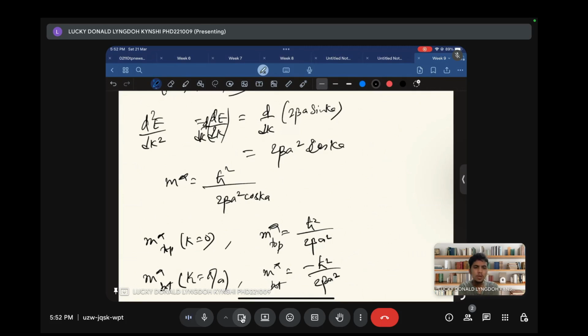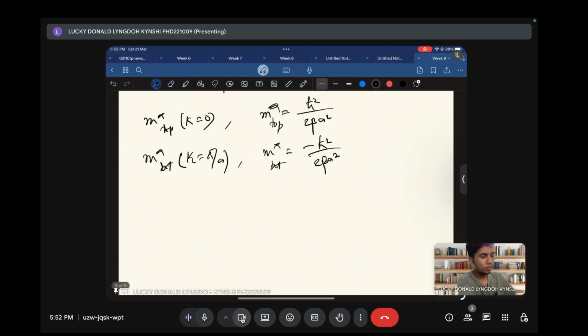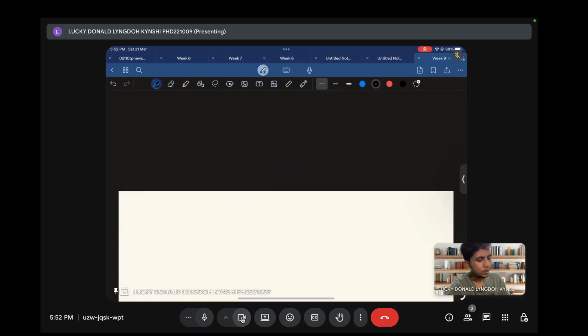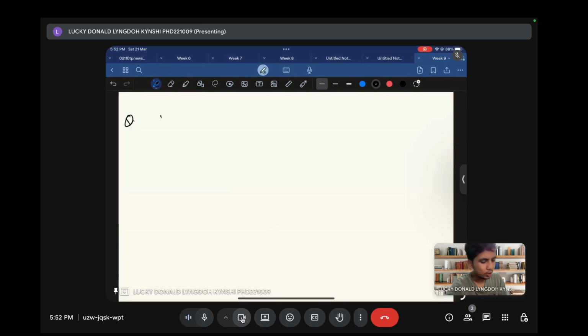Next we will talk about question number 3, which is similar to this, but it is given in terms of omega and k, that is, the frequency and k relation. And for that you have to find out the velocity of sound. If you want to specifically derive these problems, you can look at Kittel's diatomic chain.